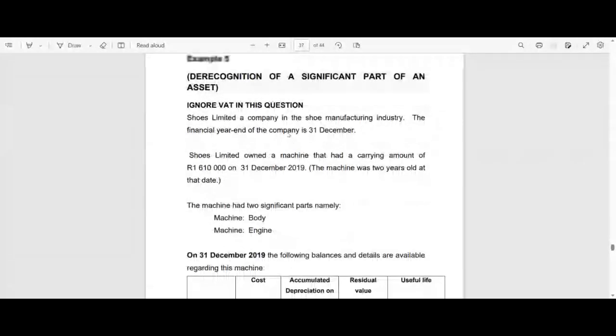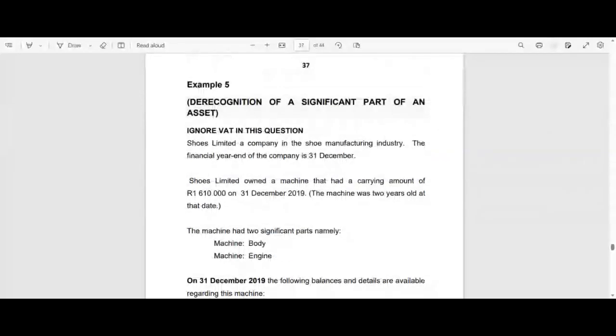Here we go. Example number 5. Shoes Limited. I hope we can finish it still before, let's say, 10 past, or maybe 5 past 1, because I know that you need a little break before your next class. So let's see how far we get, and then we can focus on our question bank.